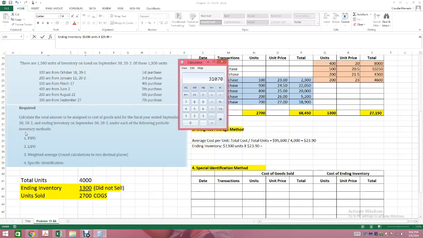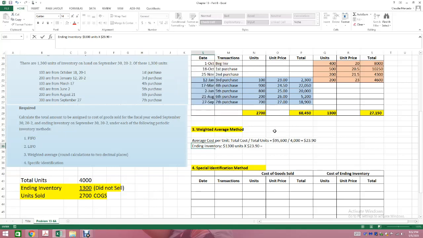That's going to give you $31,070. So this represents the value of the 1,300 units that you have in your warehouse that you have not sold. Your ending inventory is 1,300 units times the average cost per unit of $23.90, and that gives you your ending inventory amount of $31,070.